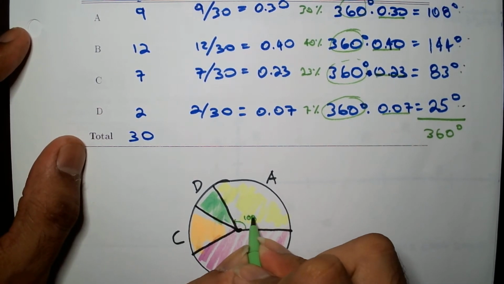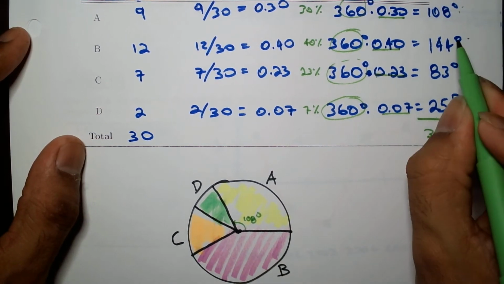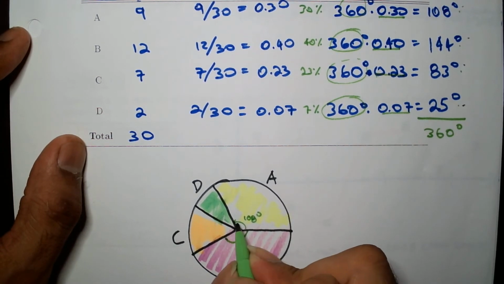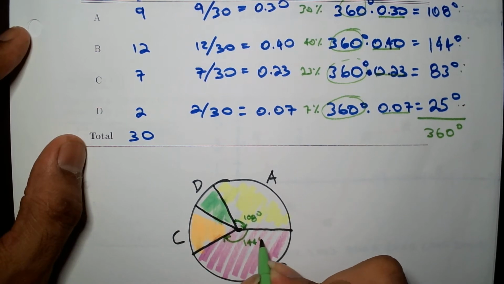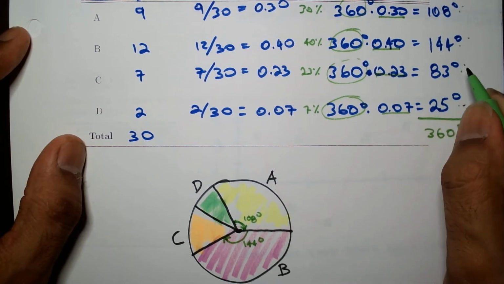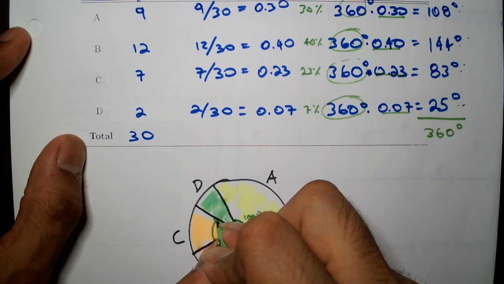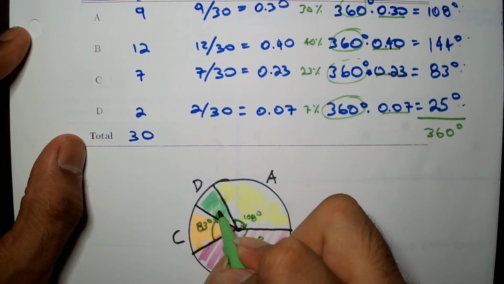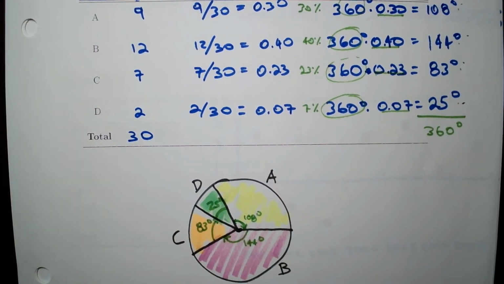And then for the B's, the area is covered by an angle of 144 degrees. And then the frequency got smaller, thus there is this 83 degrees. And then finally 25 degrees. Well, the colors kind of blended here, right?